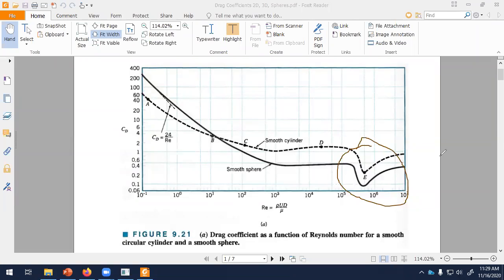This is what cyclists do. A lot of different ways to try to affect this. The dimpling on the golf balls, the flight rings on the Frisbees, they all are trying to push you to the other side and lower the drag coefficient. Okay, and then continuing.